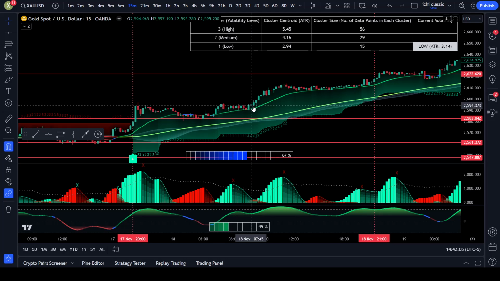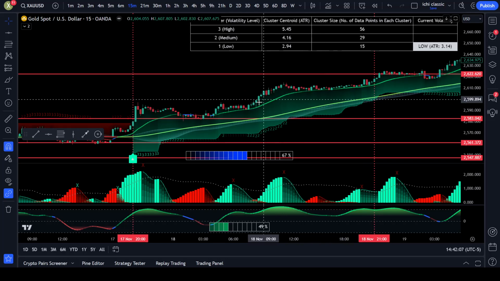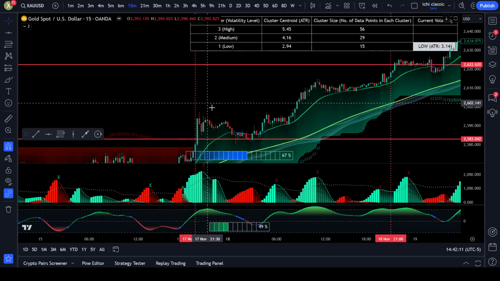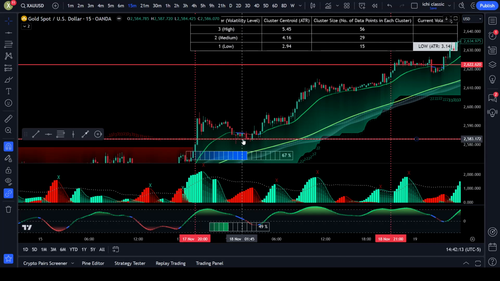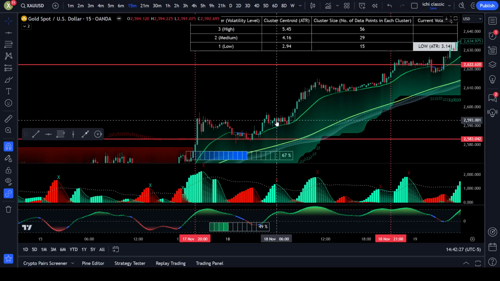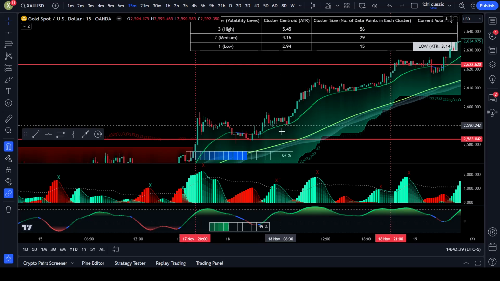It's traveling above this green line, and this is a little bit different. So if you're happy with this, if not, you can just follow here and wait until it pops out again above this dotted line. And if it's light green, so for example, you could enter here again because it's still very much bullish.